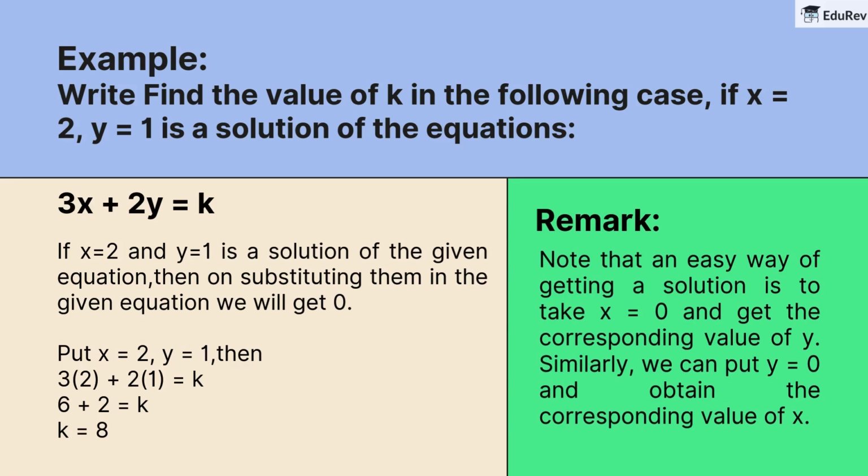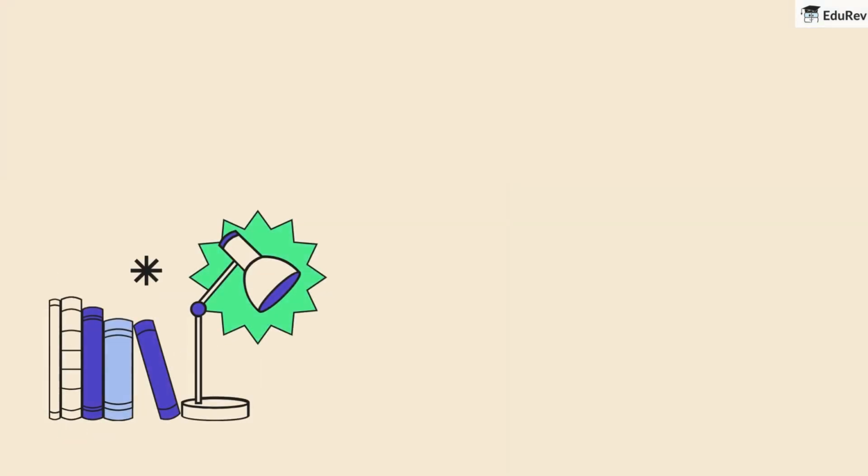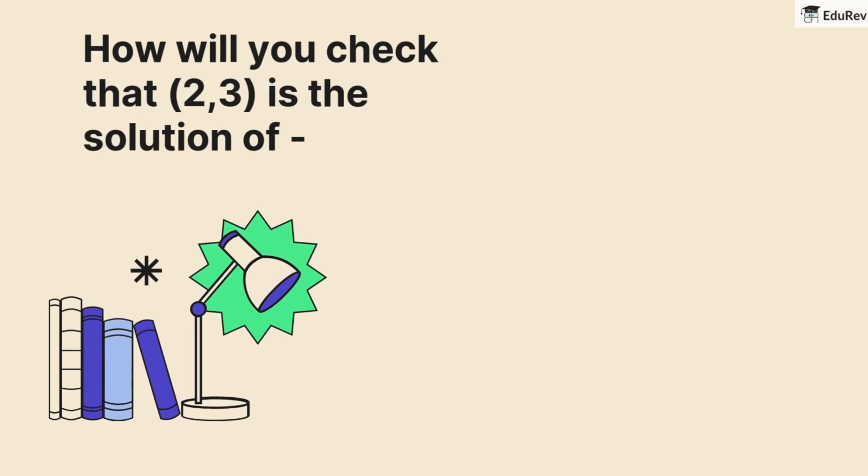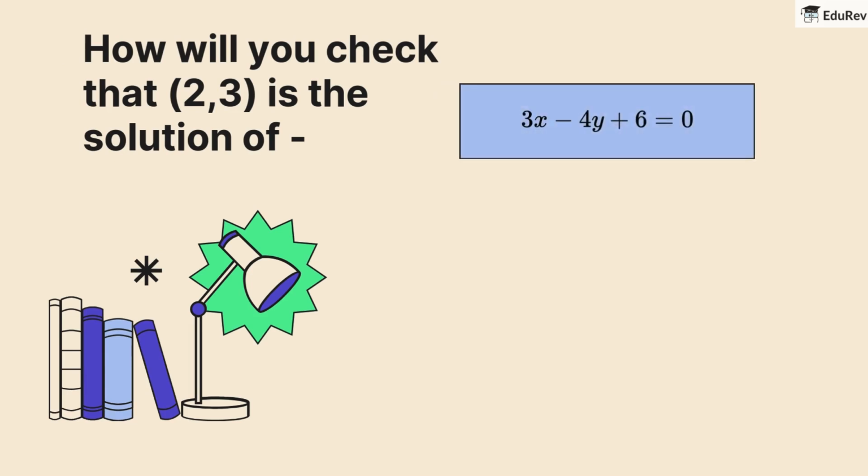An easy way to find a solution is to take x = 0 and get the corresponding value of y, or vice versa, where we can put y = 0 and obtain the corresponding value of x. Lastly, how will you check that (2, 3) is the solution of the equation 3x - 4y + 6 = 0?